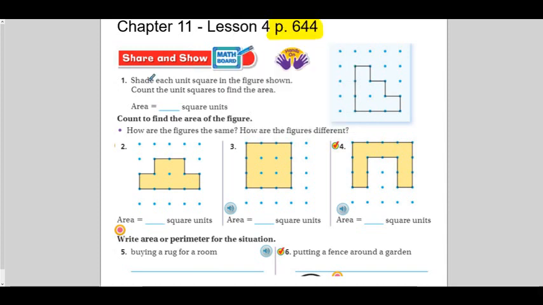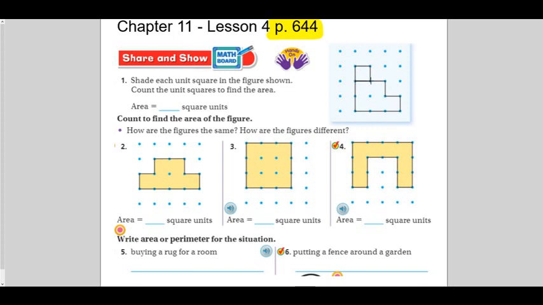So number 1 on page 644, shade each unit square in the figure shown. Count the unit squares to find the area. Well, let's just see what that would look like here.